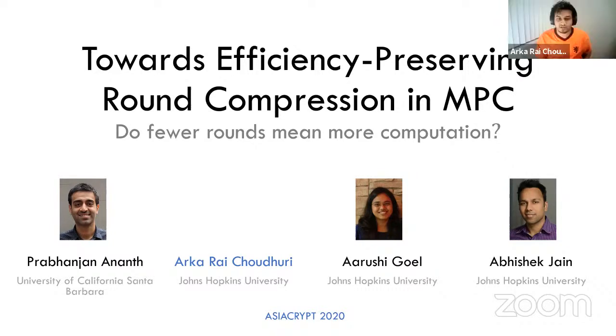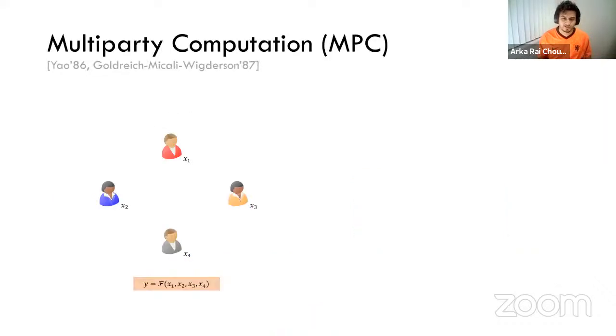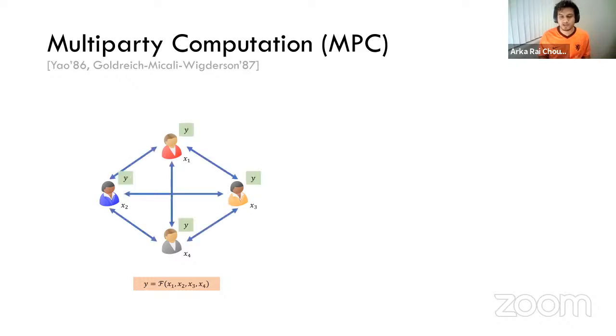Thanks. So today I want to talk about efficiency preserving round compression compilers in MPC, or alternatively, do fewer rounds mean more computation? And as Arpita already mentioned, this is joint work with Prabhanjan, Arushi, and Abhishek. So you've already seen, in this session about MPC, that MPC essentially allows parties that have some private inputs to jointly compute a function over their inputs.